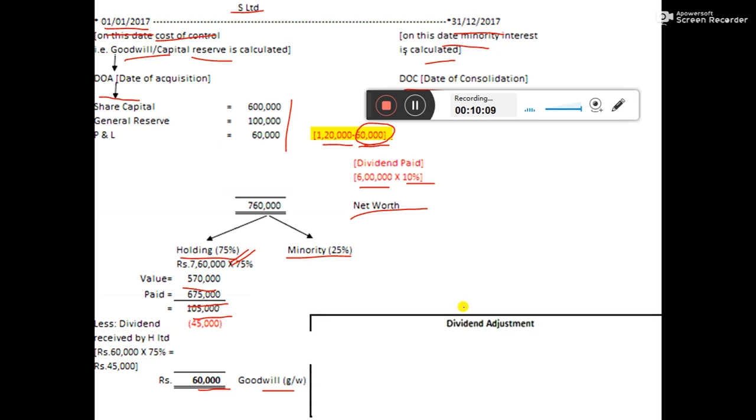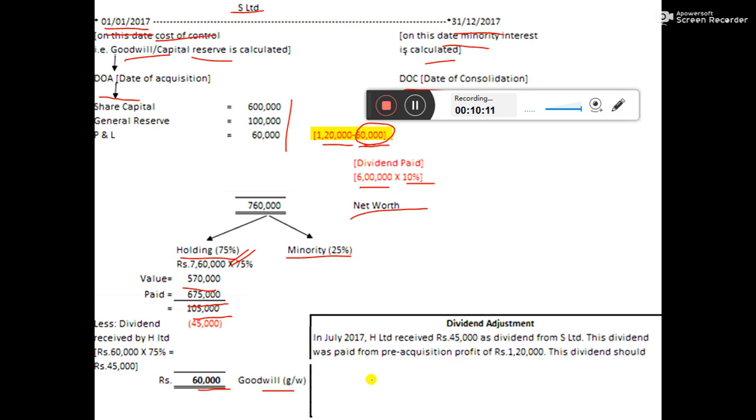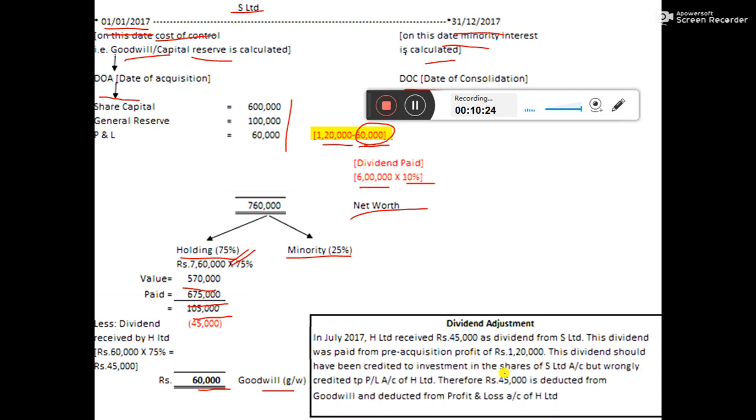So, in nutshell, dividend adjustment says that in July 2017, H Limited received 45,000 as dividend from S Limited. Yes, this dividend was paid from pre-acquisition profit of 1,20,000. This dividend should have been credited to investment in the share of S Limited account, but wrongly credited to profit and loss account.